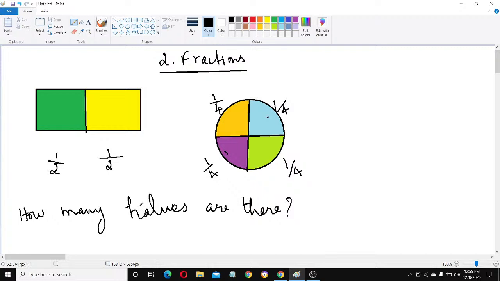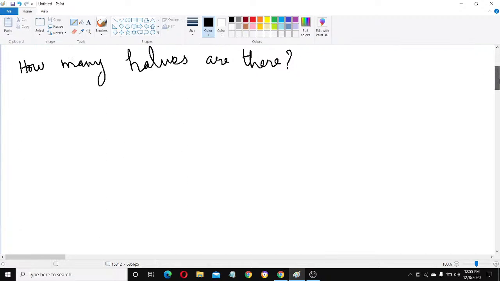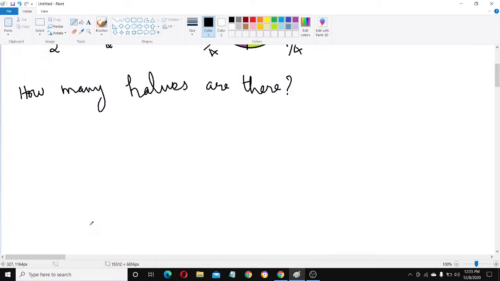How many halves are there? 2 halves are there.